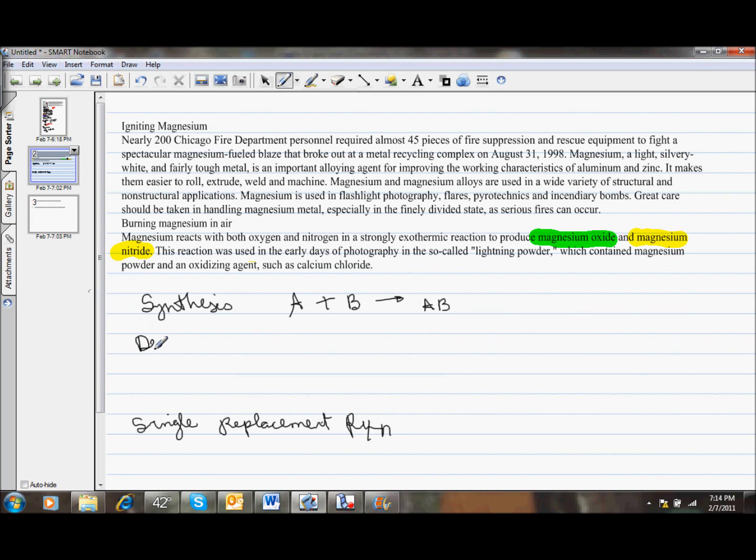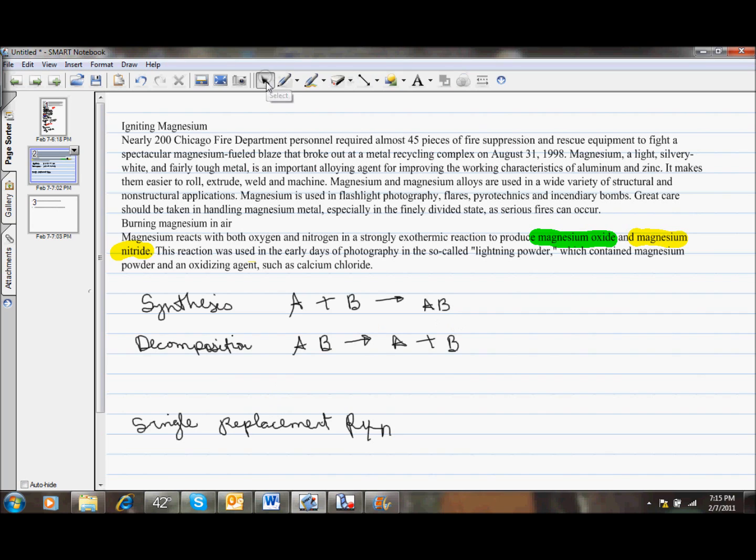So we have our decomposition reaction, which is the opposite of your synthesis. That's where you have a compound that's made up of elements A and B, and they decompose or break apart to form the elemental components, which in this case are A and B.